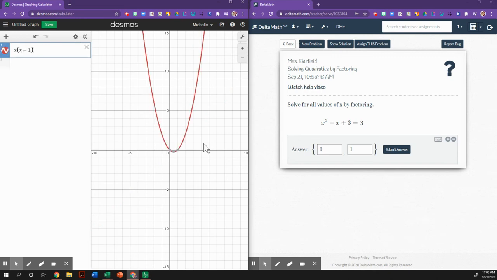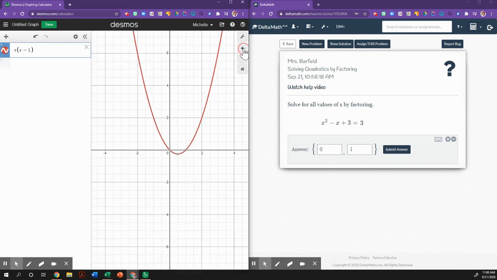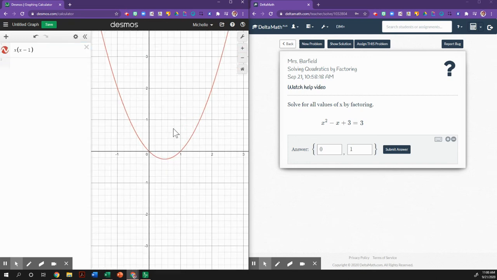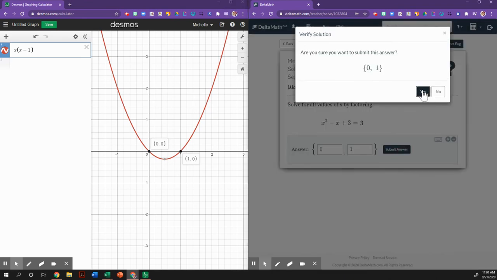If you're wondering how I know that my answers are correct, remember, I'm looking to see where it crosses the x-axis. This is the parabola, and it crosses the x-axis at x equals 0 and x equals 1. That's how I know that I've done this problem correctly. Submit my answer.